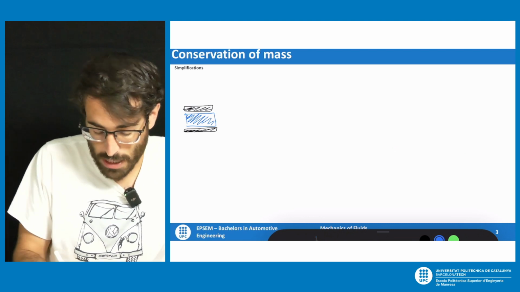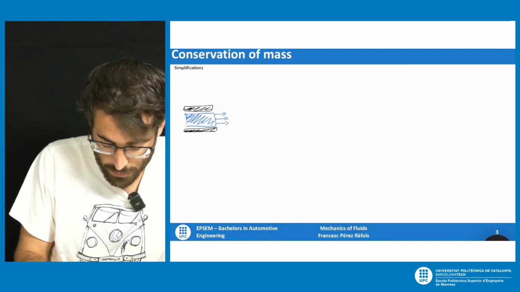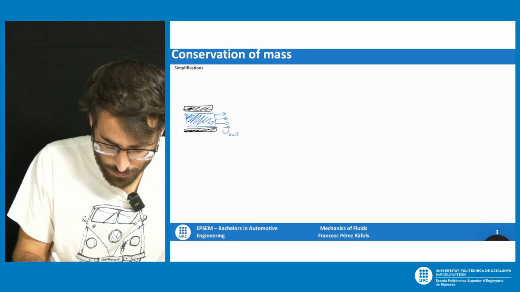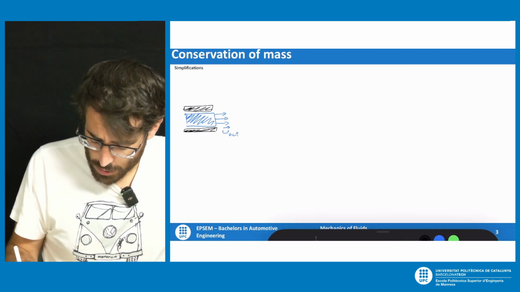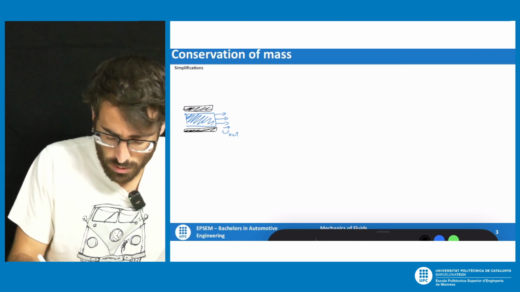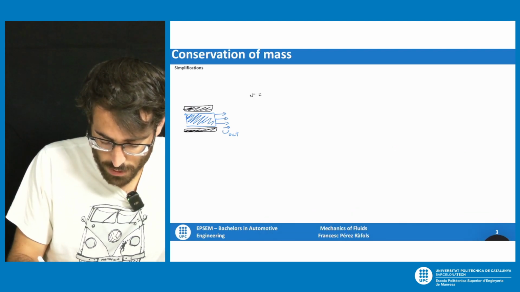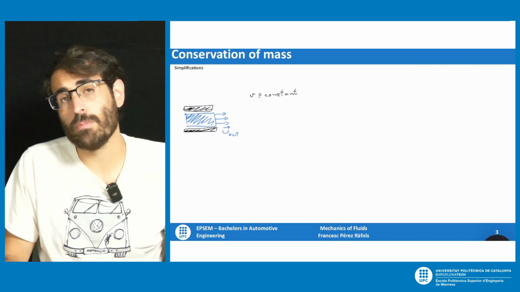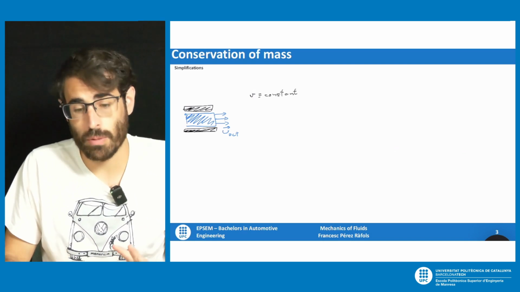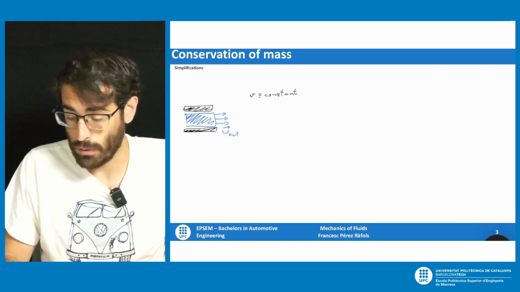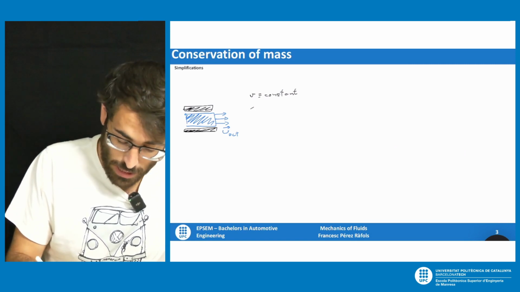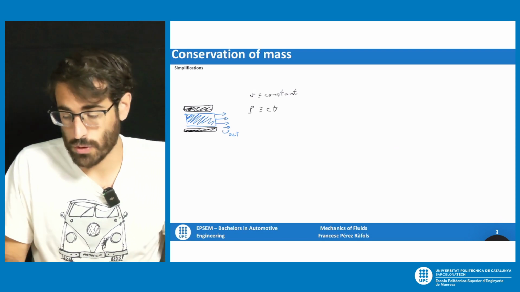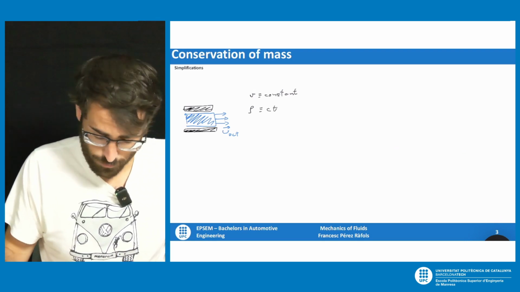Then we look at the outlet, where we have a certain velocity. Let's make some assumptions. Let's assume that V is constant, and by constant I don't mean constant in the whole control volume, but only over the surface of the outlet. Let's also assume that rho is constant, also in the same place.